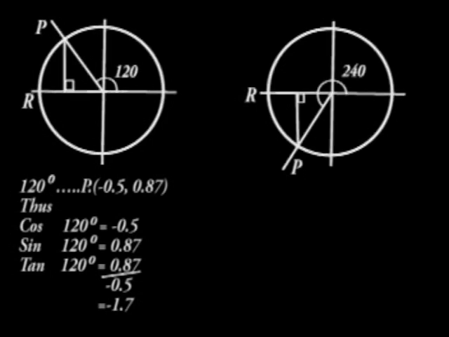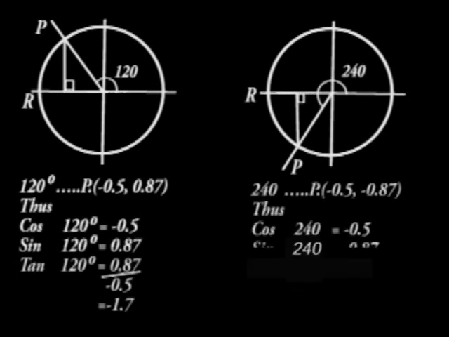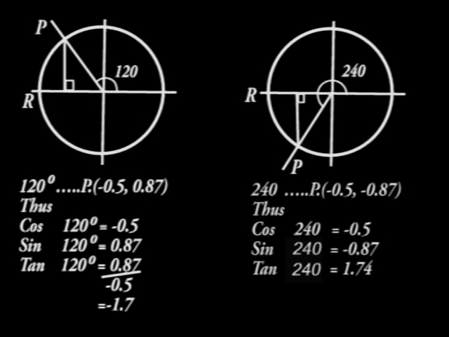For 240, the coordinates of P are minus 0.5, minus 0.87, and hence cos 240 is minus 0.5, sin 240 is minus 0.87, and tan 240 is 1.74.